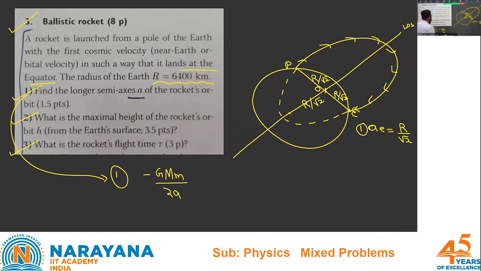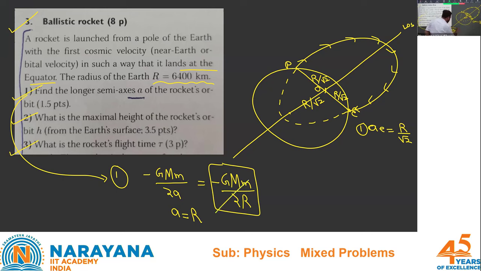What are the terms we can write for this net energy? When I have projected it from that place, I have a term which is minus G capital M small m by twice of R. And that's why I'm saying that A should be equal to R. Just check why I'm writing this, because this term is comprised of minus G capital M small m by radius term, and then a half m V square term, the initial term.